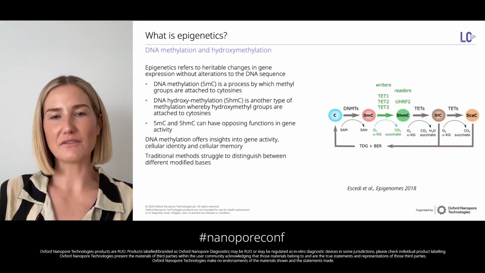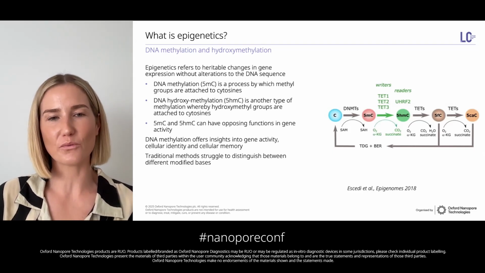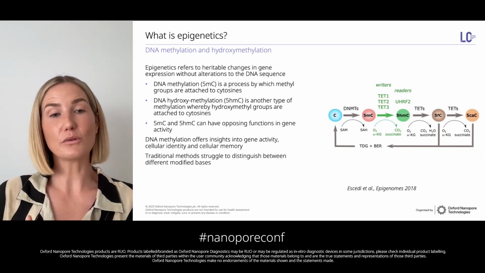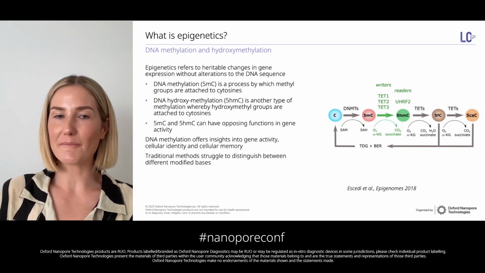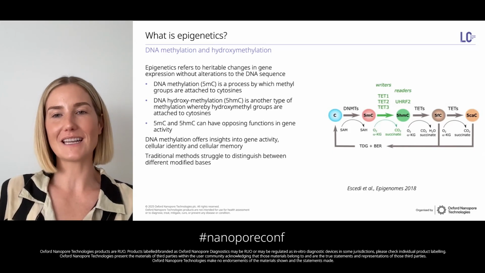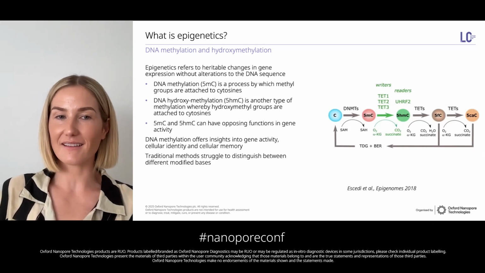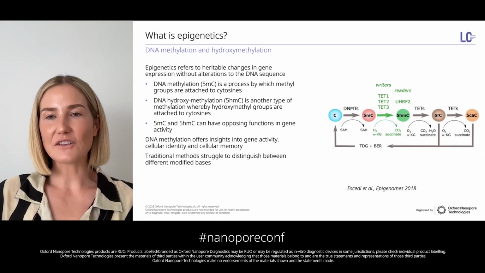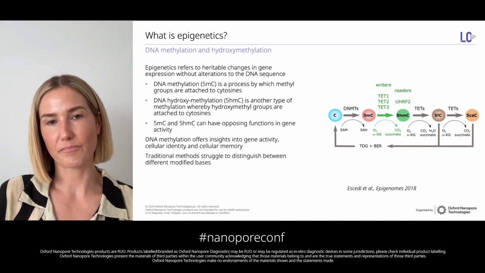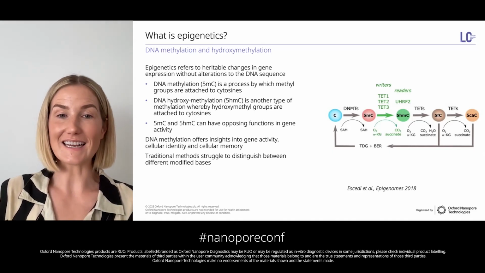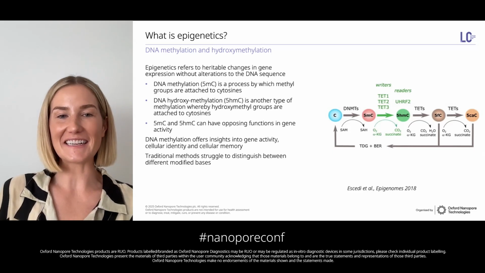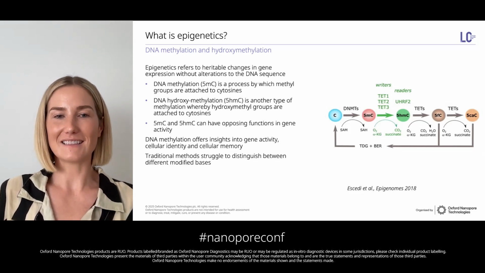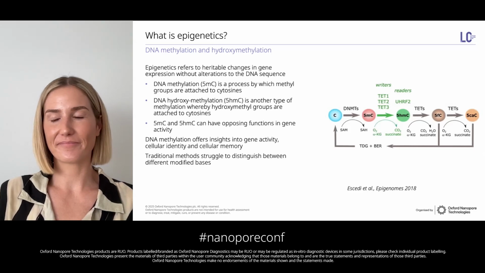This opposing function becomes important when we talk about how we detect these modified bases. Traditional methods like bisulfite are unable to distinguish the difference between a methylated cytosine and a hydroxymethylated cytosine, and this can lead to a muddy picture of the methylome. When we're trying to understand insights in gene activity, identity, and cellular memory, which is imperative for the immune system, this becomes paramount.